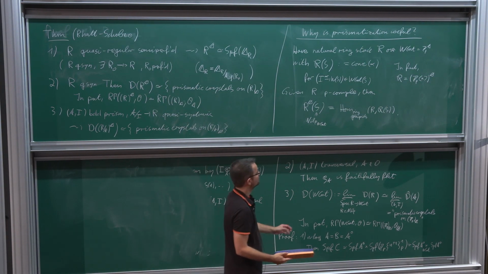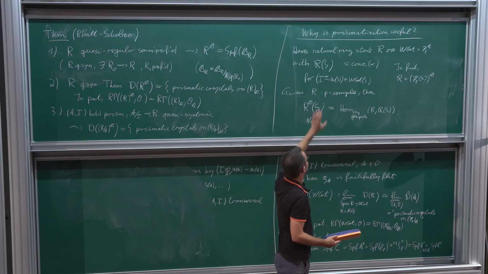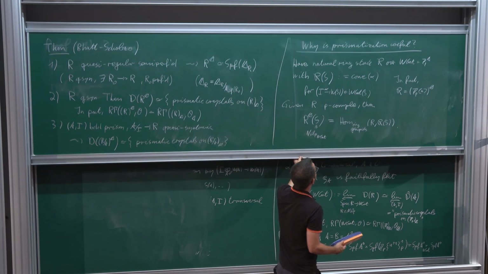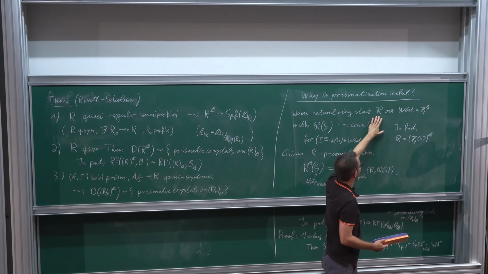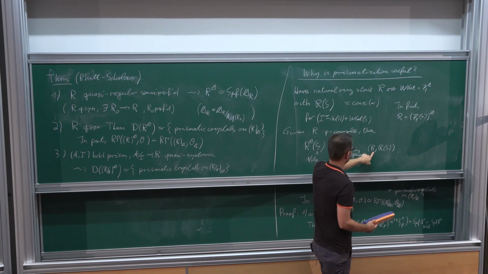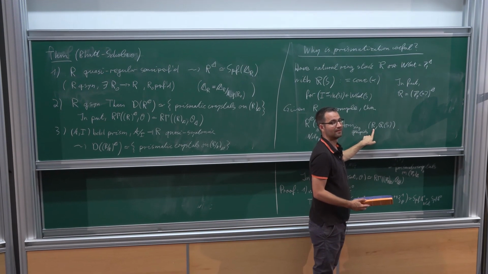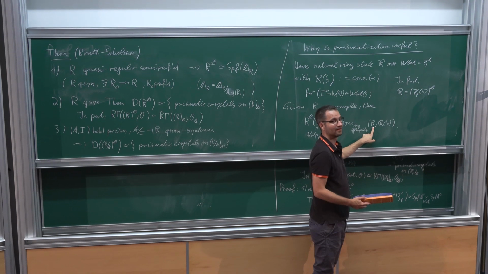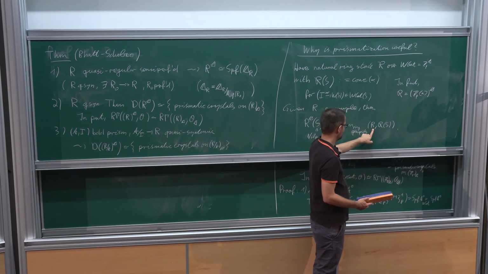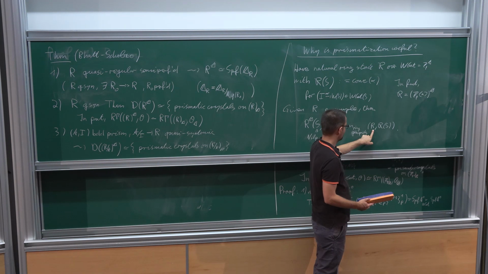Say again? The first R, right? No, in the Hom, right? Yeah, in the Hom. This R is the Yoneda embedding of the ring R into this functor.